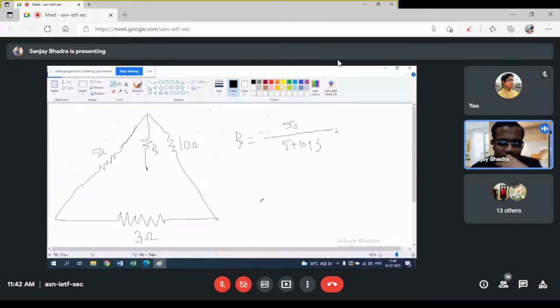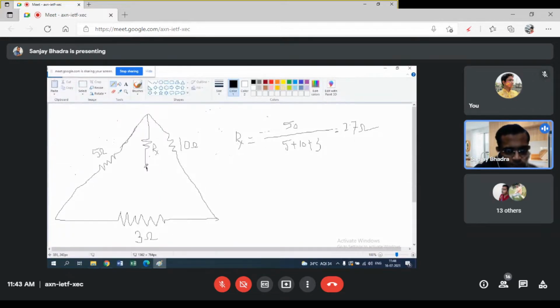Can you just calculate it and let me know? Do it by yourself. Maybe there are some calculation mistakes in the book, but that's fine. This is going to be 2.7. So it's 2.7.